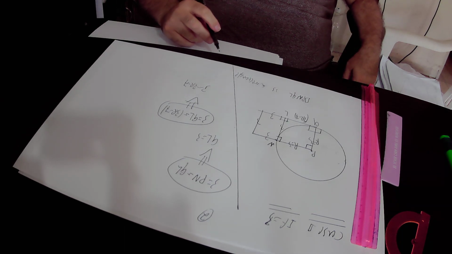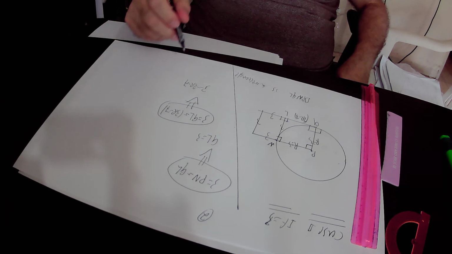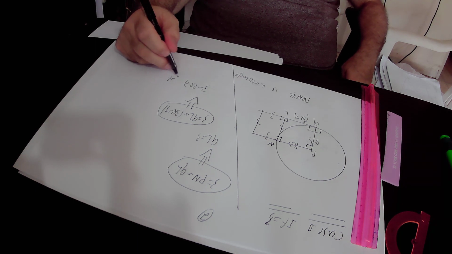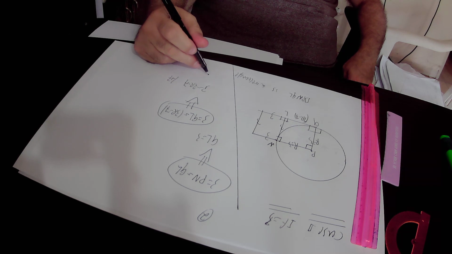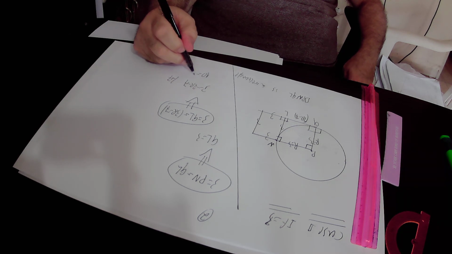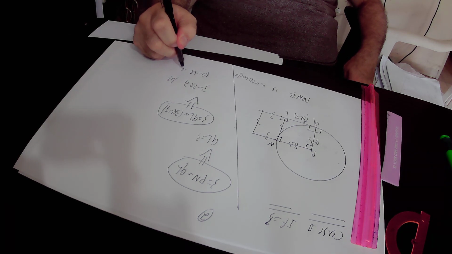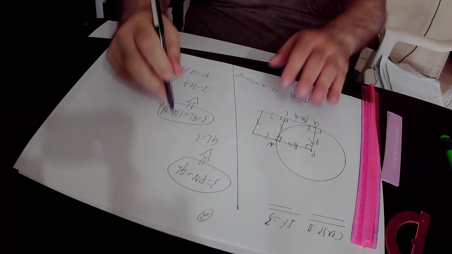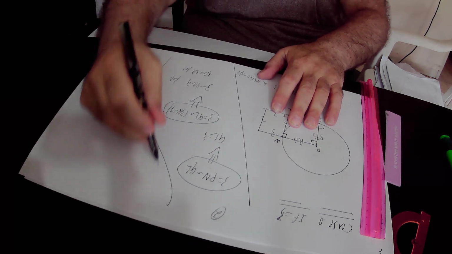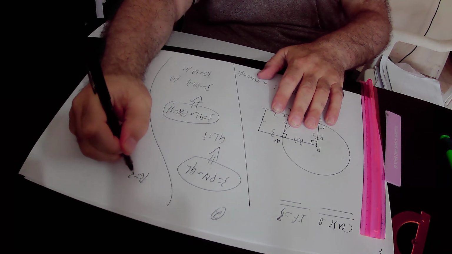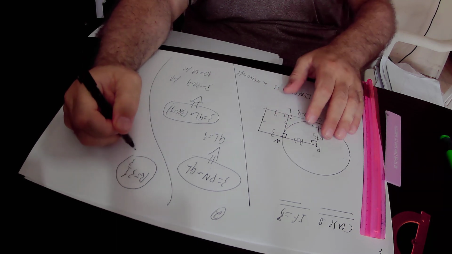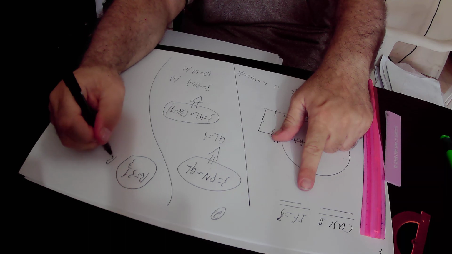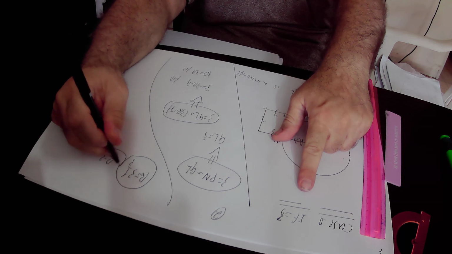So here, we will add 7 to this equation, and we will get that 3 plus 7 is 10, so 10 equals 3R. We will divide this equation by 3, and we will get that R equals 3 and a third, while according to our assumption, R equals 3. So it is a contradiction.